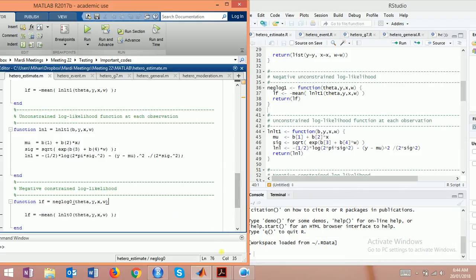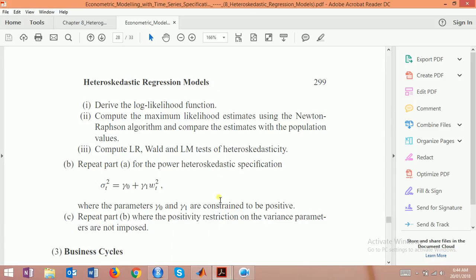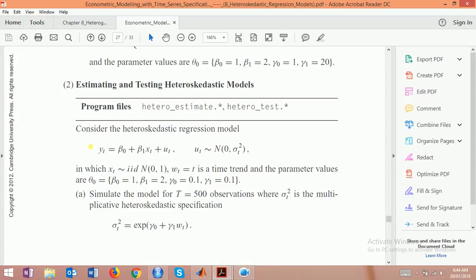So this is very simple. Mu is beta naught plus beta 1 x indeed, which is the mean, and the exponential of gamma naught and gamma 1 is sigma square.